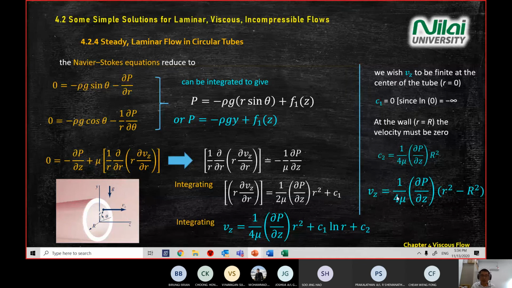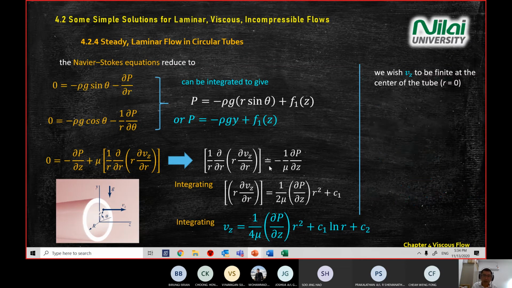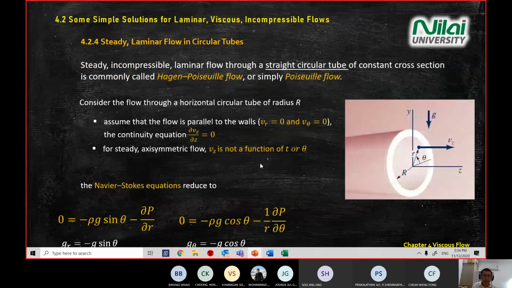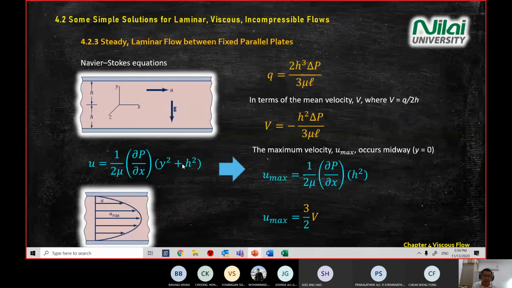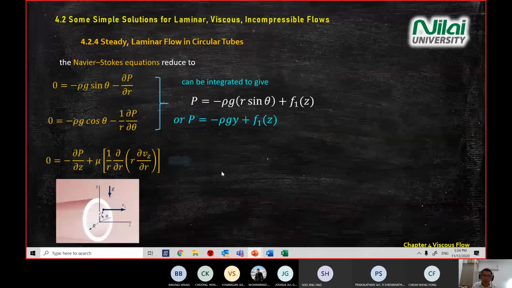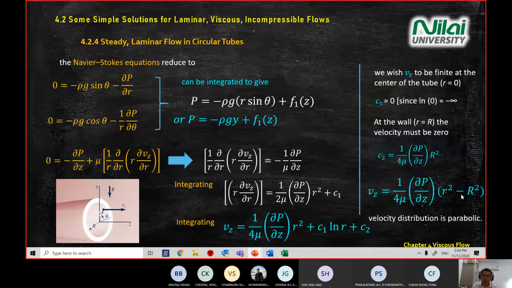So again, if you make a comparison with the parallel plate flow, the structure is quite similar. Just now you saw h, now you see R. Just now for the parallel plate, this one, y squared plus h squared. Now you see r squared plus R squared. And again, if you have a square minus a square, it's called a parabolic distribution.